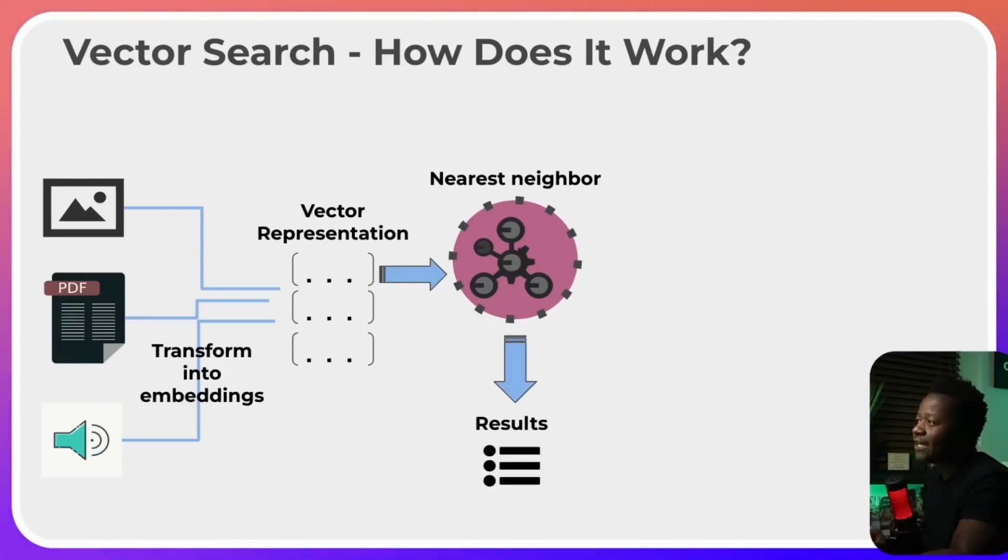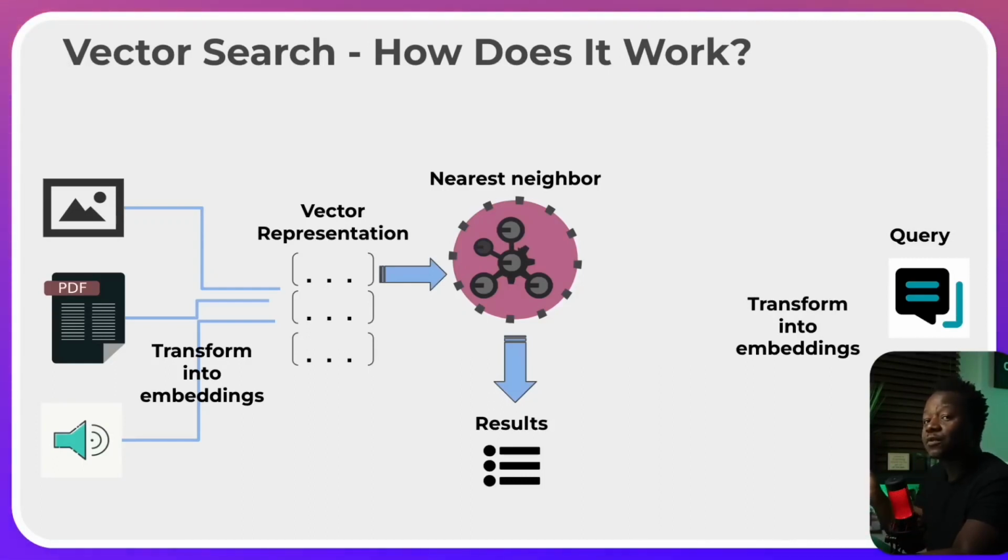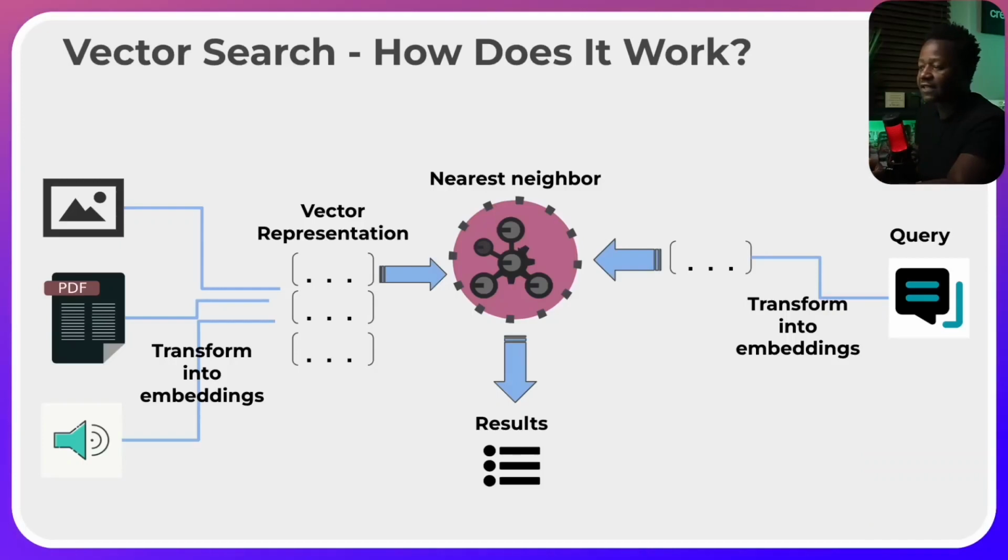The questions also have to be transformed into embeddings so that they can be understood and searched for. Because if the information is now in vector representation format, it makes sense that the question, the query, has to be in the same format. That way, the algorithm is able to do the searching in the vector store and get the right information, and of course, that gives us the result.